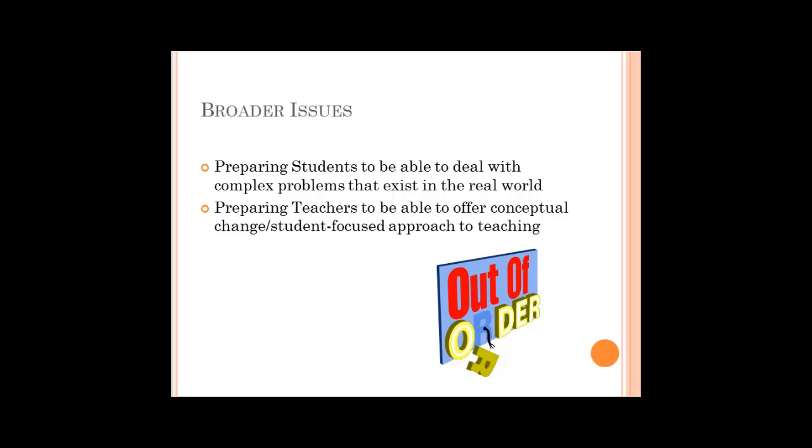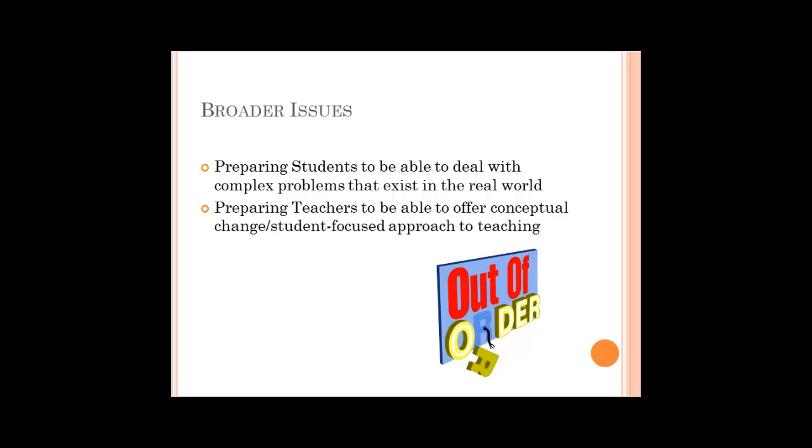Some broader issues that we found from this chapter: are we really preparing students to be able to deal with complex problems that exist in the real world? And also, are we preparing teachers to be able to offer conceptual change, the student-focused approach to teaching?